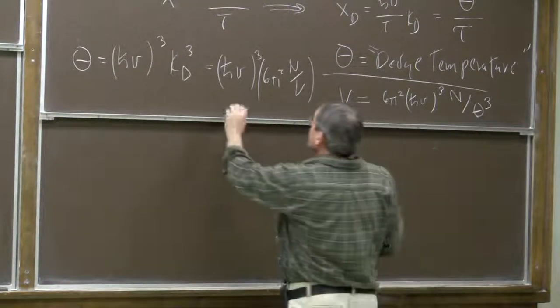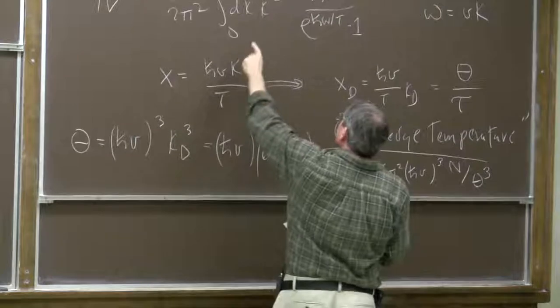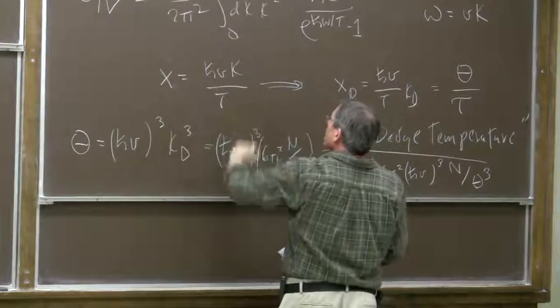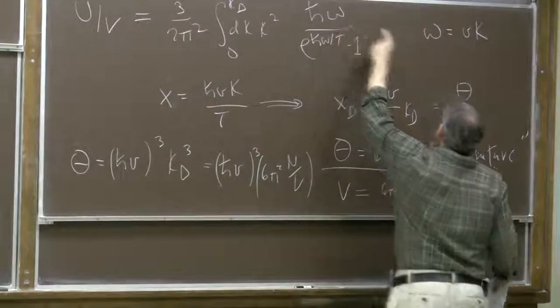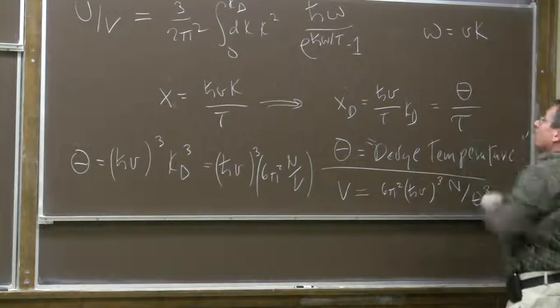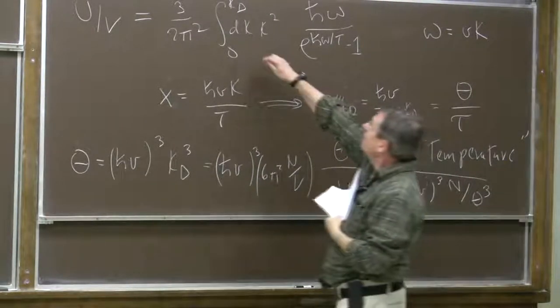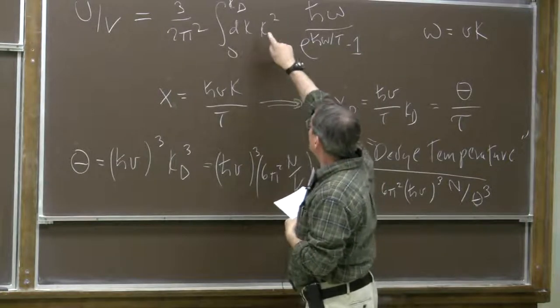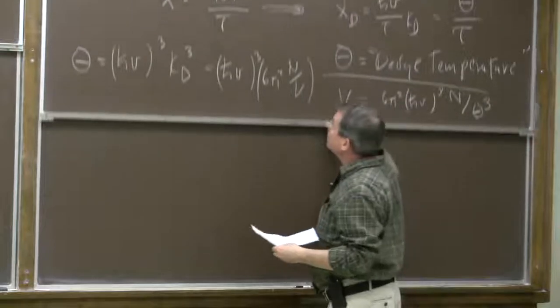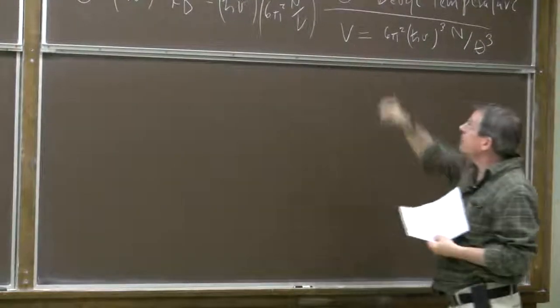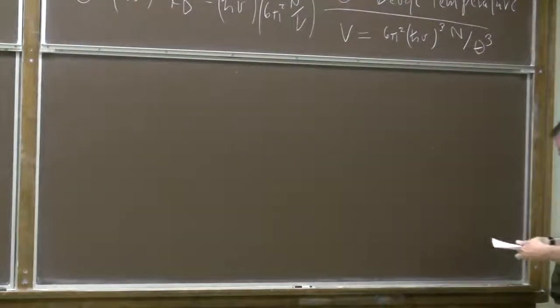And when I convert this integral over k to an integral over x, I write omega as vk. So I have dk k cubed, and when I convert it to an integral over x, I'll get 4 powers of tau over h bar v.